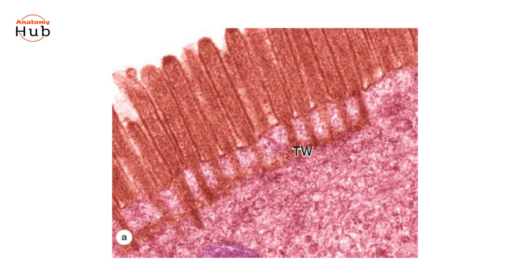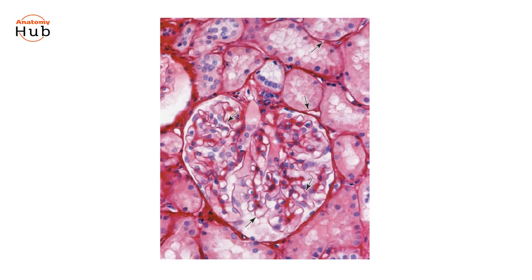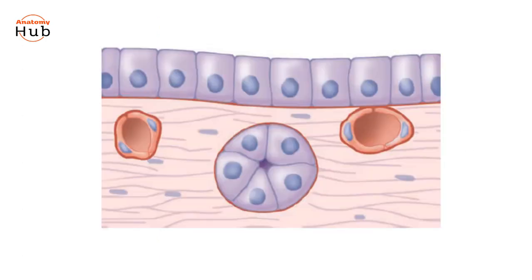Basement membrane. The basal surface of all epithelia rests on a thin extracellular felt-like sheet of macromolecules referred to as the basement membrane, a semi-permeable filter for substances reaching the epithelial cells from below.